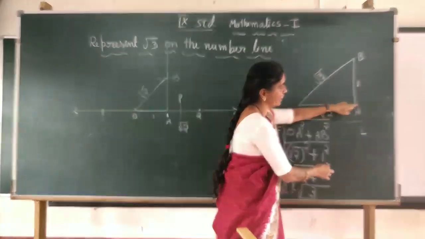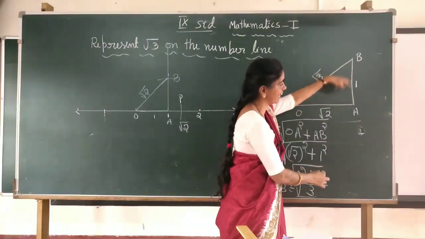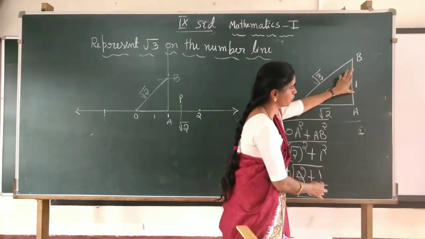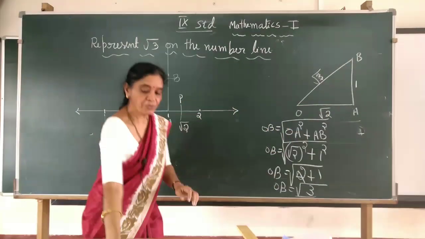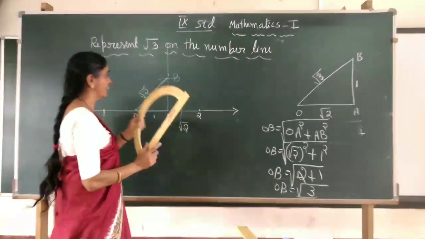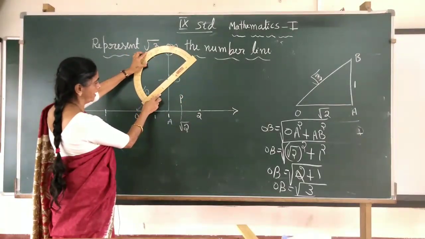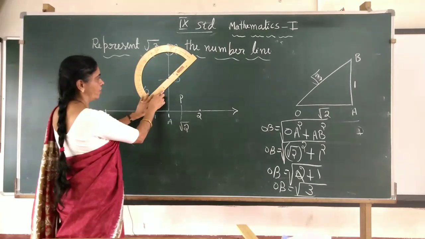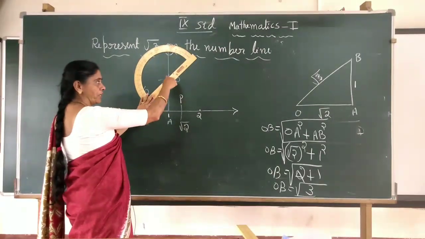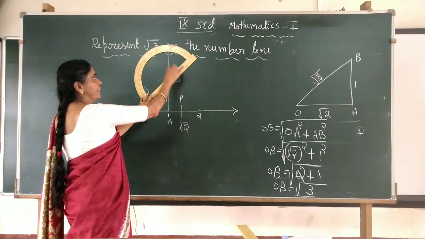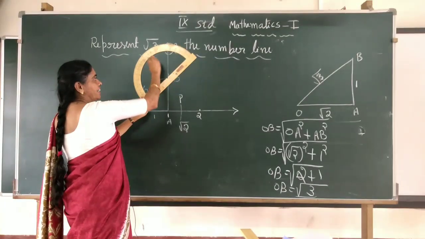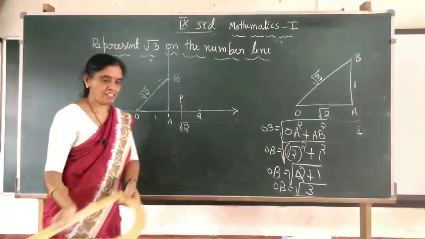Now on that one a 90-degree angle should be there. Then there I should get 1 unit, right? So how to get that 90-degree angle here? Keep it at the B point on the hypotenuse, square root 2 at B point, keep it here and mark the 90 degrees.